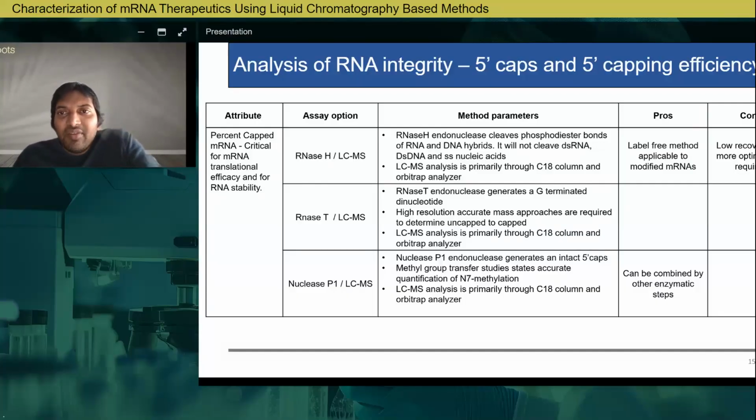People have used a lot of RNase H, which has been recommended by most of the regulatory groups. It's an endonuclease that cleaves the phosphodiester bond of RNA-DNA hybrids, and it does not cleave any double-stranded RNA. So if any DNA is involved, it actually breaks it down.